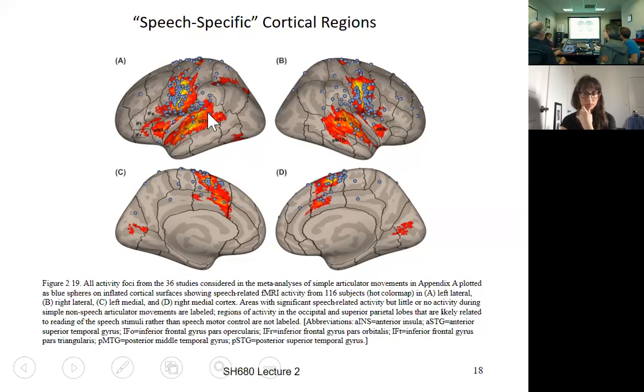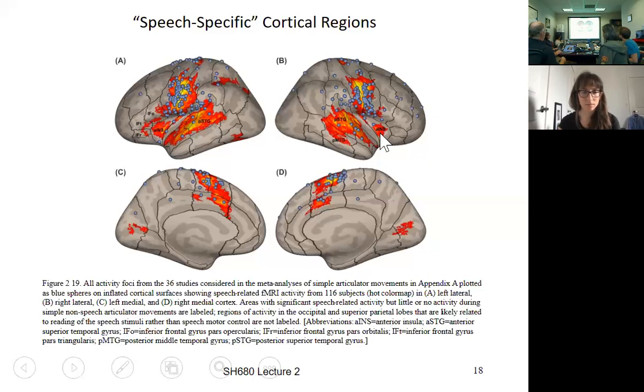But the only areas where you don't see it are the superior temporal gyrus, which is auditory cortex. You see a little bit of larynx representation there, but it makes sense that the other movements wouldn't cause auditory activation. They don't make sounds normally. It's not a major component of what they do. So the superior temporal gyrus is largely speech-specific in terms of movement of the articulators, and the anterior insula and inferior frontal gyrus on the left.